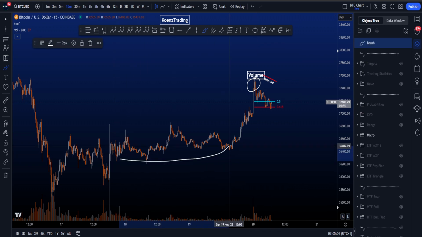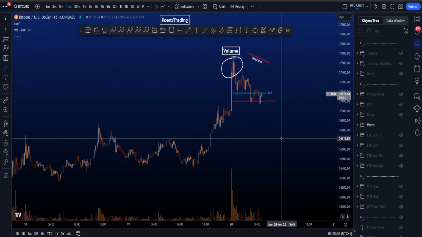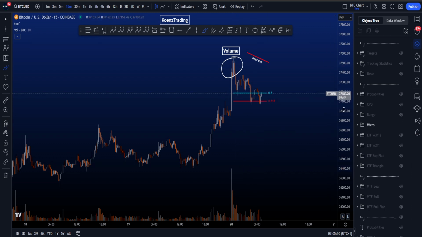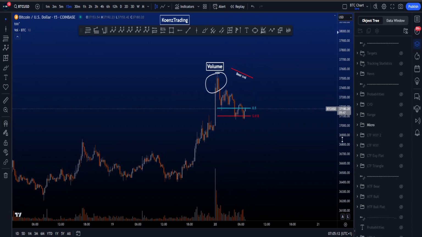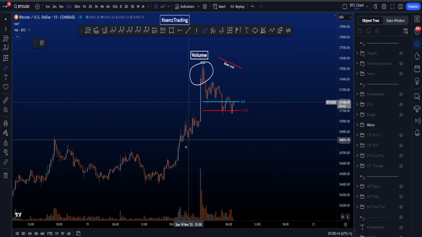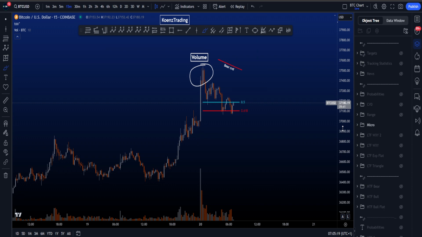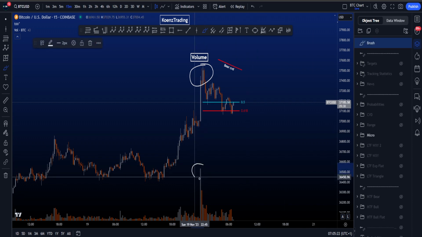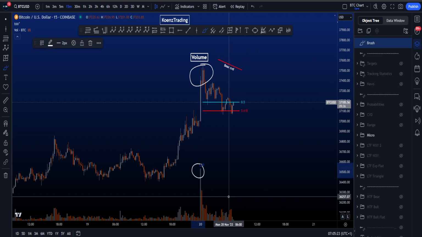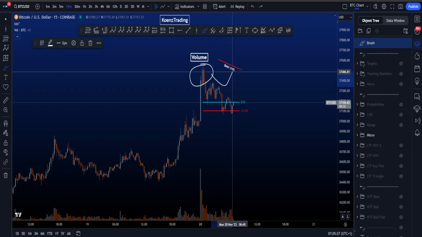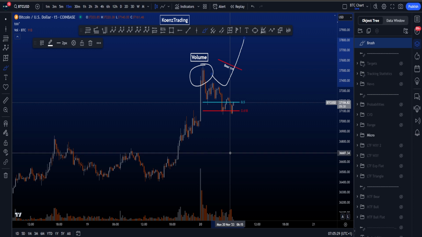Because we were looking for that move towards the upside, where now you can see that the highest amount of volume is in the high, and that is not really what you like to see for an impulsive structure to the upside, right? Where you can count a 5-wave move, that's okay, but preferably the highest amount of volume is in a wave 3. Then you want to see a wave 4 before a wave 5 towards the upside.